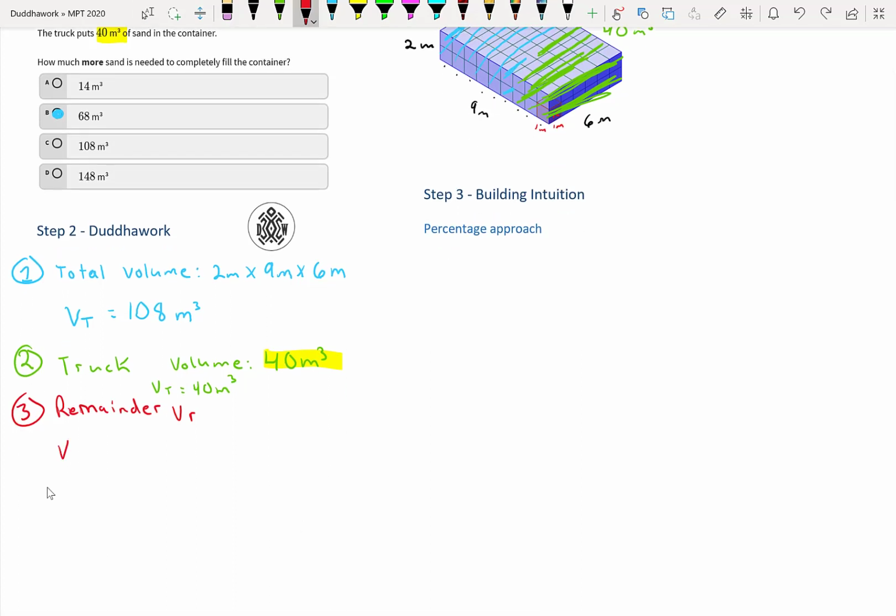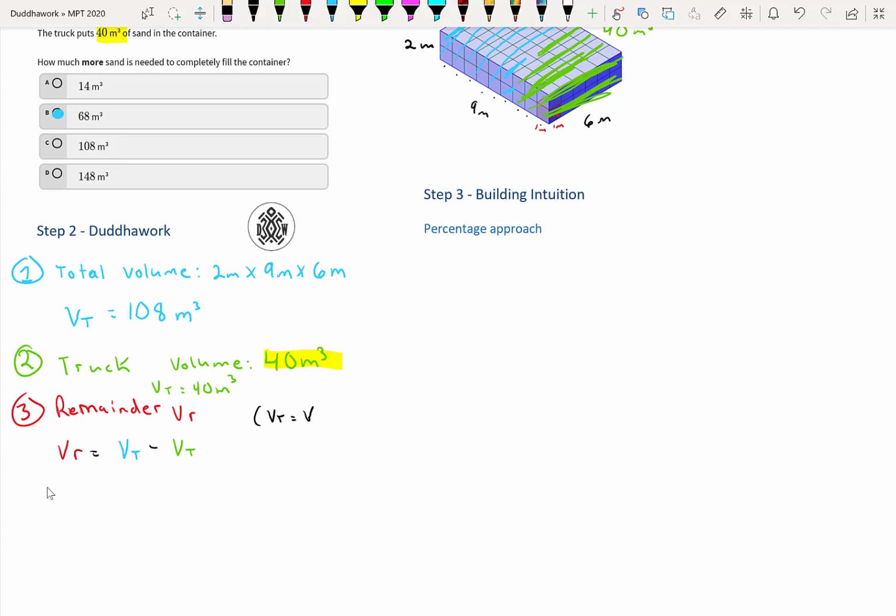VR is equal to VT, the total, minus the volume of the truck. Oh, I realized I put VT for both of them.